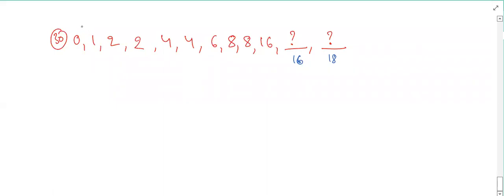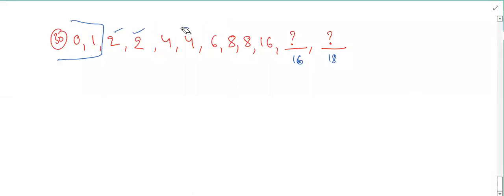Maybe your logic is like this. If these two numbers are not there, then 2, 2 plus 2, 4, 4 plus 2. But here it is not matching, right? So it cannot be.